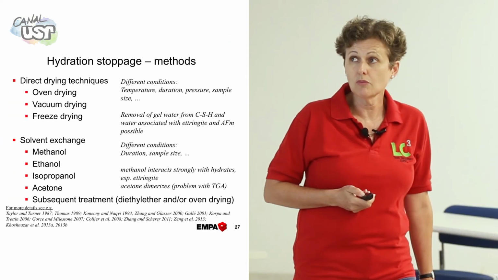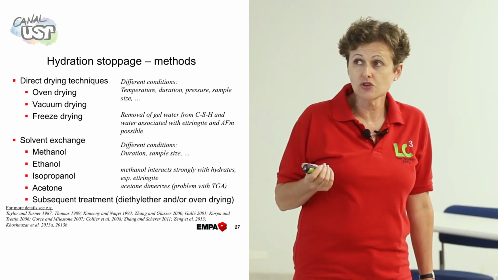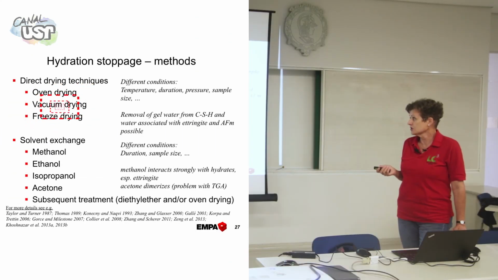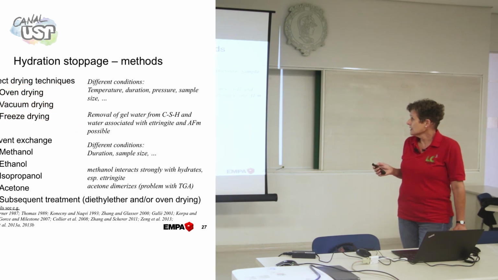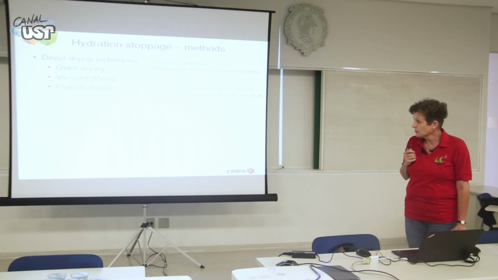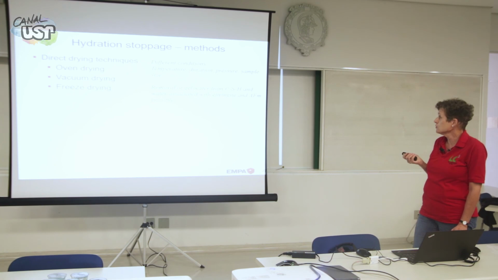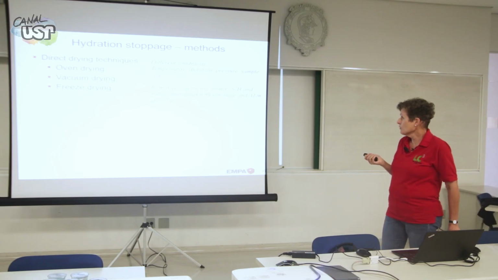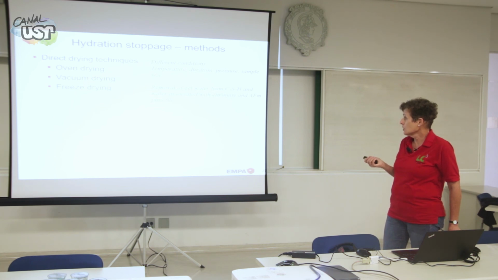Right, now what methods can we use? Well, there are these direct drying methods, summarized as oven drying or vacuum drying or freeze drying. And here the important parameters are the temperature you use, the pressure, the size of the sample, etc. The big problem with most of these methods is that they remove a lot of water from the gel pores of the CSH and also a lot of water in ettringite and AFM.